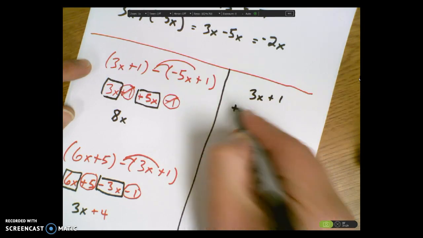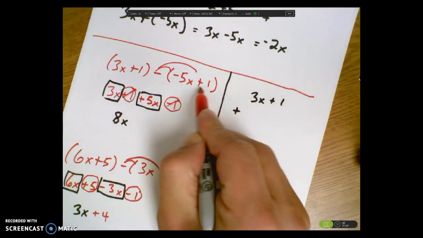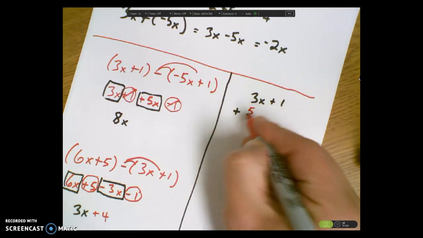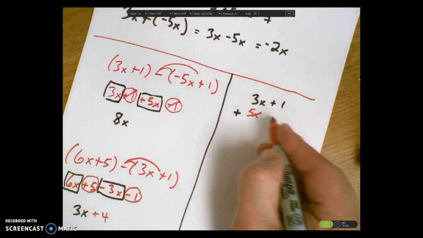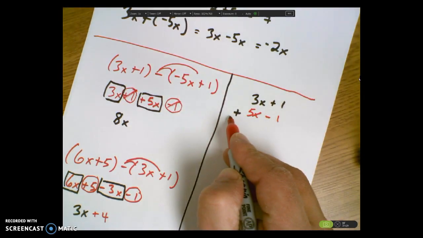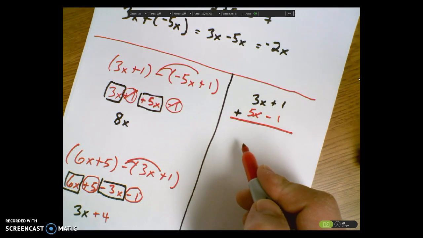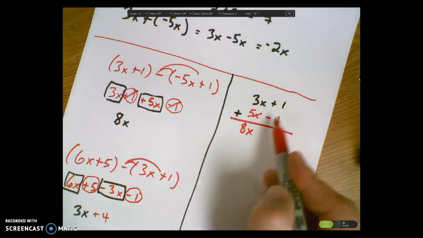I'm always going to put an addition there, and then I'm just going to add the opposite of these two terms. The opposite of negative 5x is positive 5x, and the opposite of positive 1 is negative 1. Now, I just have to add: 3x plus 5x is 8x, and then 1 minus 1.